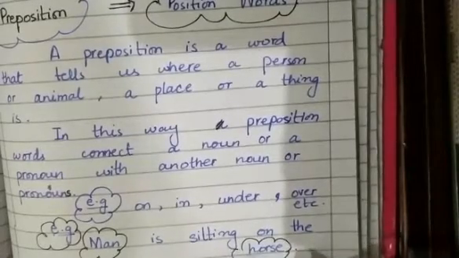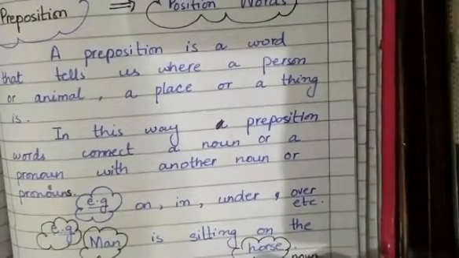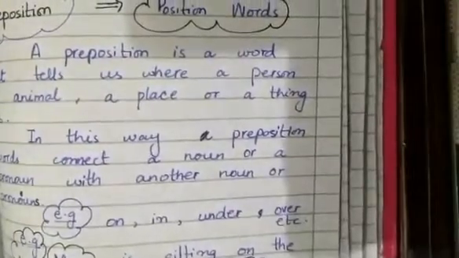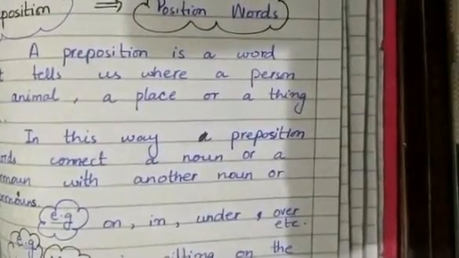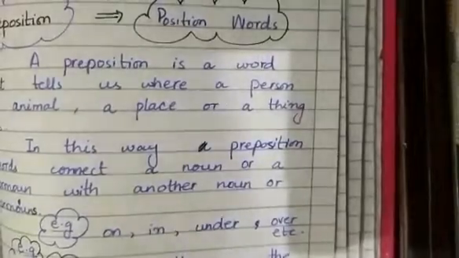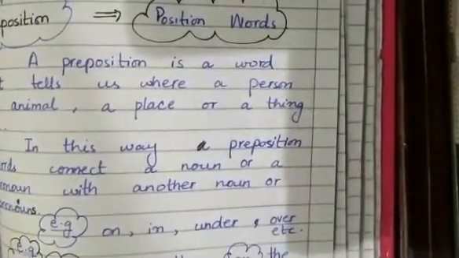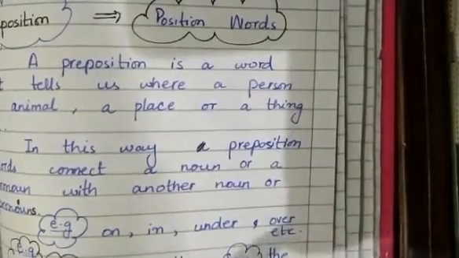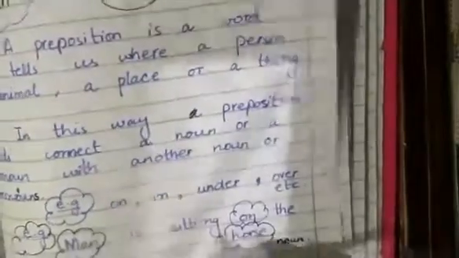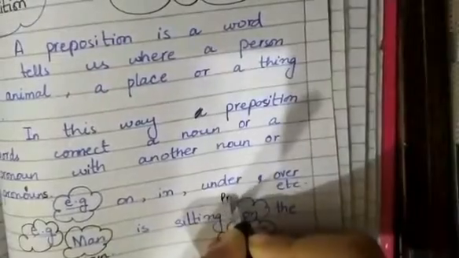Horse. This is a noun here. And which word is connecting the man and the horse? Where is the man sitting? On. On is the preposition.